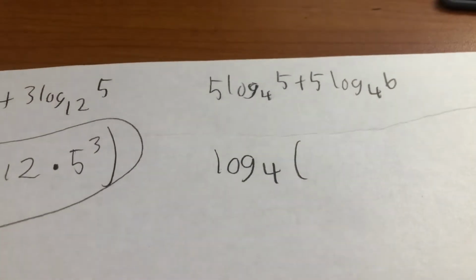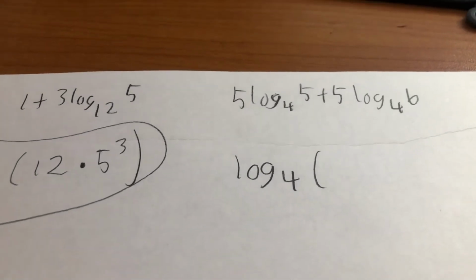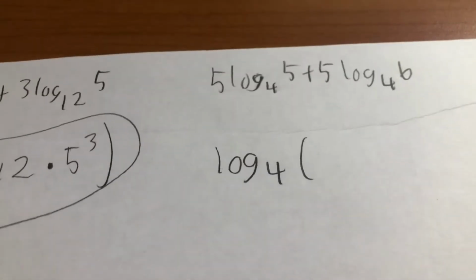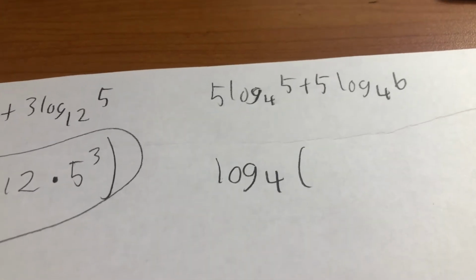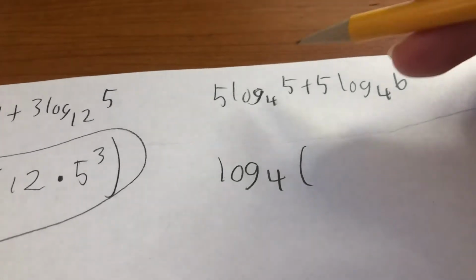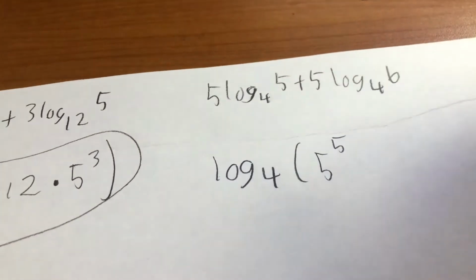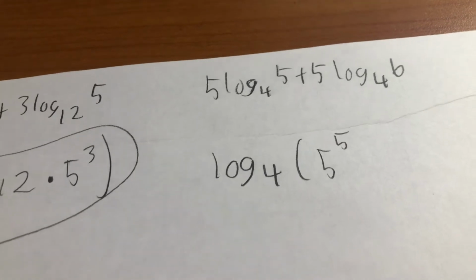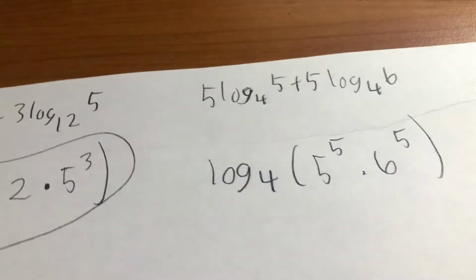Because nothing here is negative, we're not going to have a fraction, so it's all going to be on one level, because it's all positive. So we're just going to start right here. You can see 5 is clearly the exponent. We have a 5, and then times 6, again with the exponent 5.